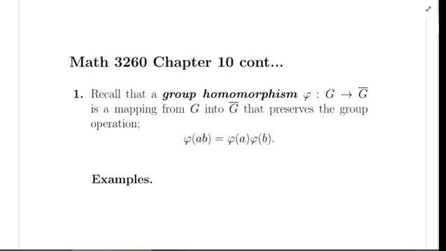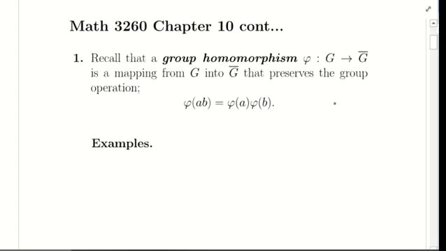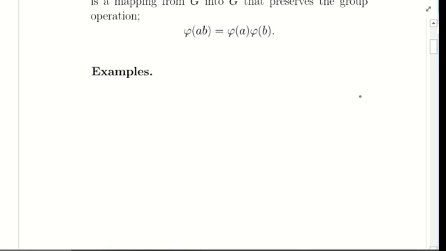All right, so we know what a group homomorphism is. It is just an operation preserving map between groups. And I gave you some examples last time, but here's some more that might be cool.